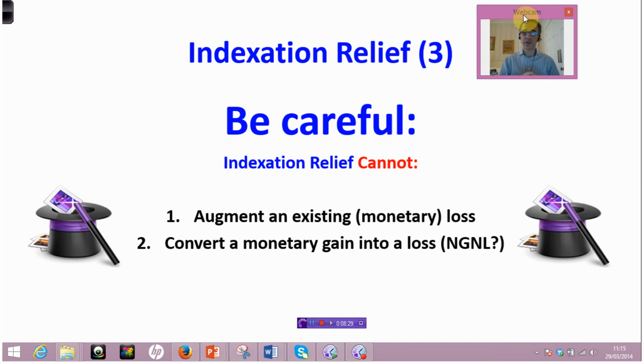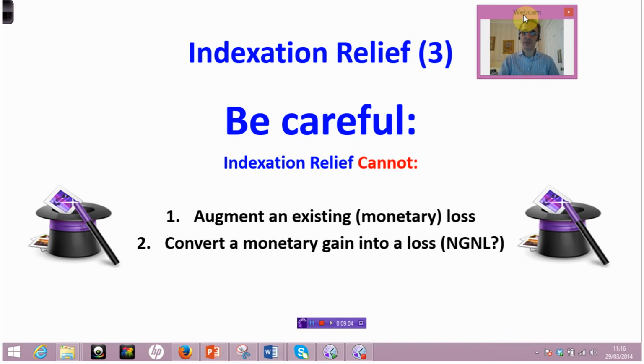The other thing that we can't do is convert a monetary gain into a loss. An example of that is a situation whereby we've made a gain on an asset, and if we apply the indexation, we actually go negative. What the rule says is you can bring that monetary gain down to zero, but you can't make it negative. So we can only use the indexation relief up to the point that it brings the gain down to zero, but not any more.